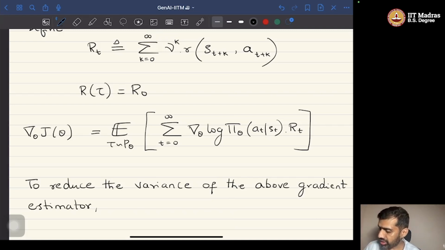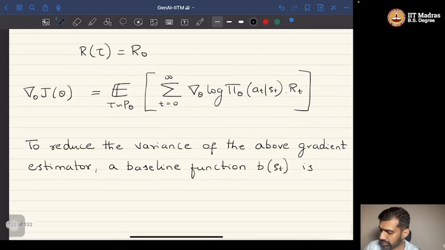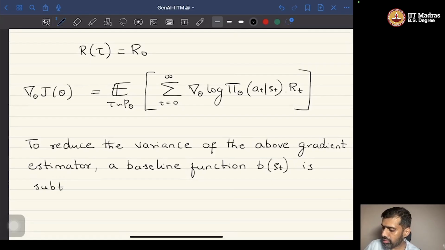a baseline function, call it b of st, which only depends on state, is subtracted from the return.